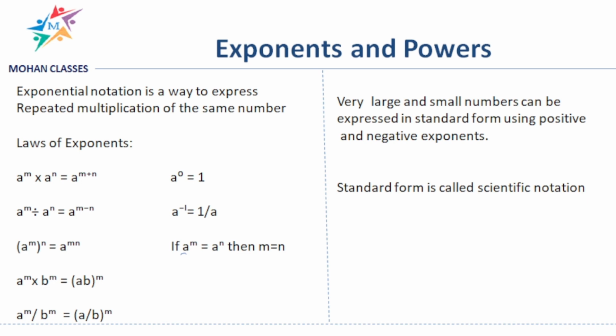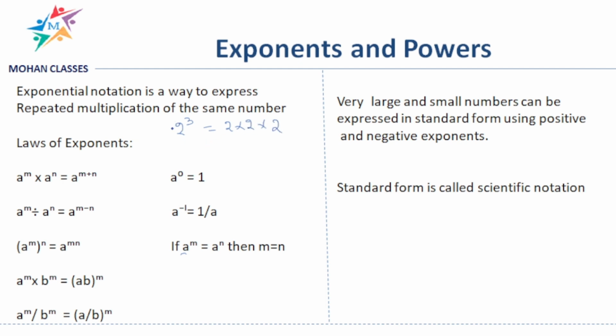What are exponents and powers? Exponential notation is a way to express repeated multiplication of the same number. Suppose we have 2 to the power of 3. How will we write it? 2 to the power of 3 means 2 into 2 into 2.